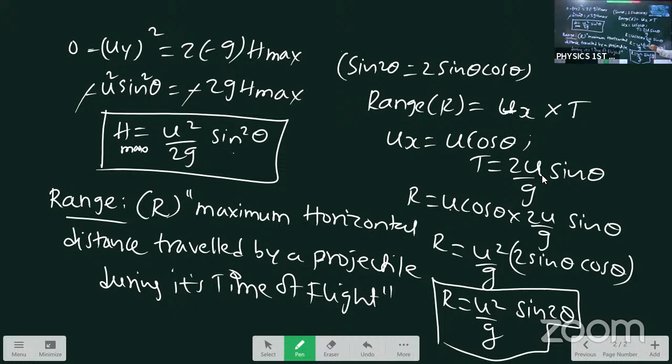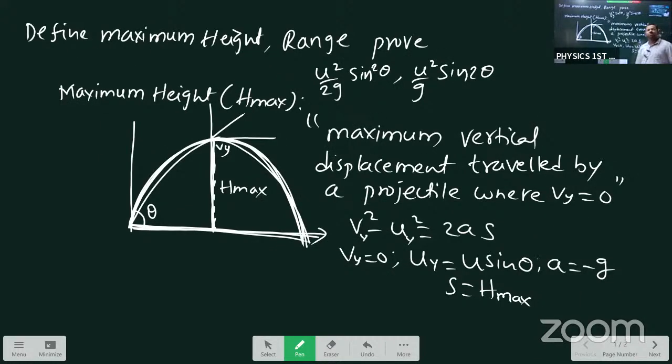One definition one mark, one equation one mark. Total 4 marks: two definitions and two equations. These are the schema of evaluation points. So define maximum height and range is a 3-star question from motion in a plane.